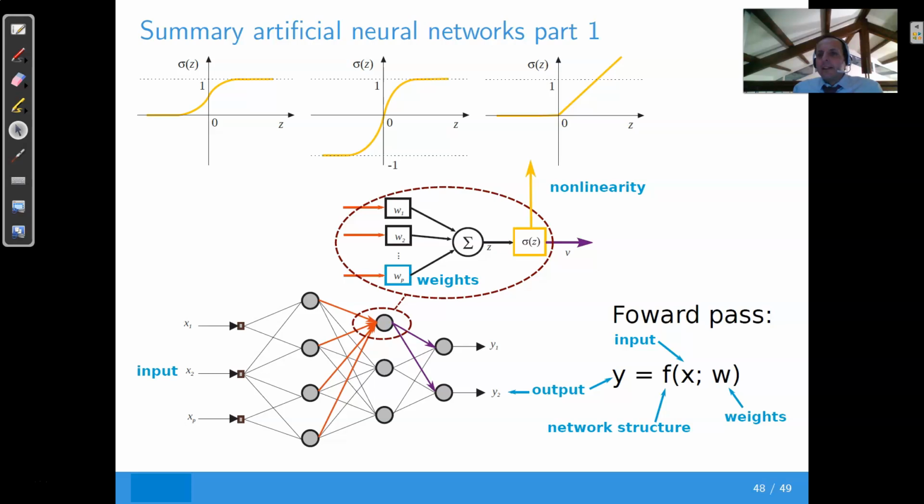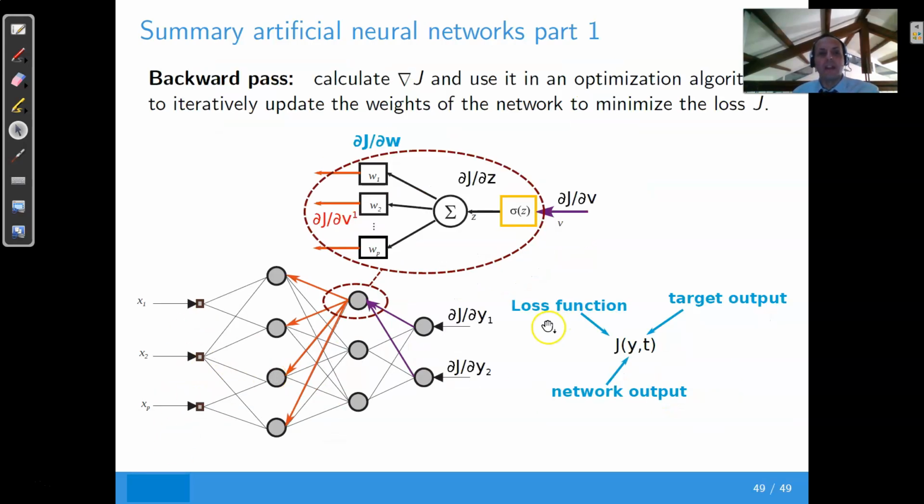The learning of a neural network is recast into an optimization problem, because it aims at finding the optimal weights of the network which minimize the cost function. The cost function is represented by the difference between the output of the neural network, F, which depends on the inputs and the weights, and of course on the structure of the neural network.